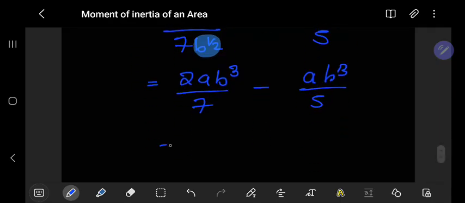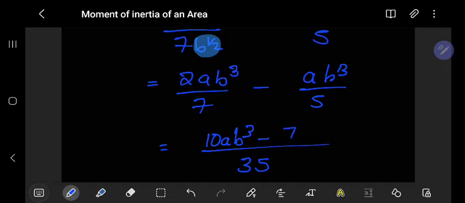These are like terms, so they can interact. So this becomes the common denominator. We'll take the common denominator as 35. And then we'll just cross multiply the terms here, as in 5 will multiply the 2ab to the 3. This gives us 10ab to the 3 minus, then this is 7ab to the 3.